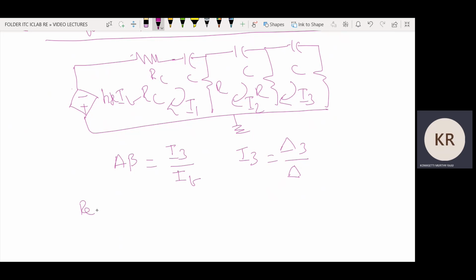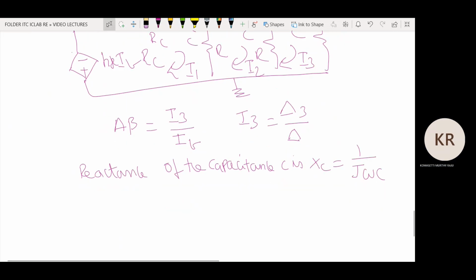Reactance of the capacitance C is Xc is equal to 1 by j omega c.